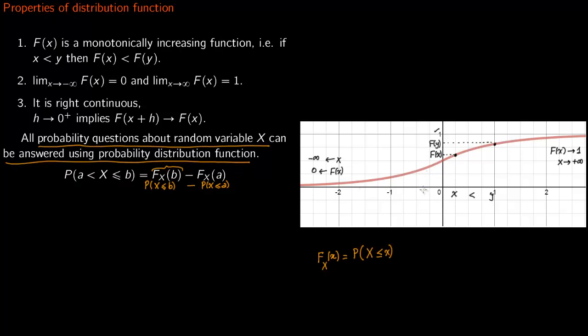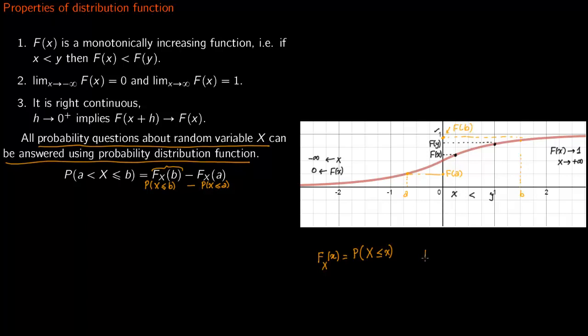To see this on the graph, you can look at it this way. You have a right here and then you have say b right here. Associated to a you have f of a right here, associated to b you have f of b right here. So this is f of b.